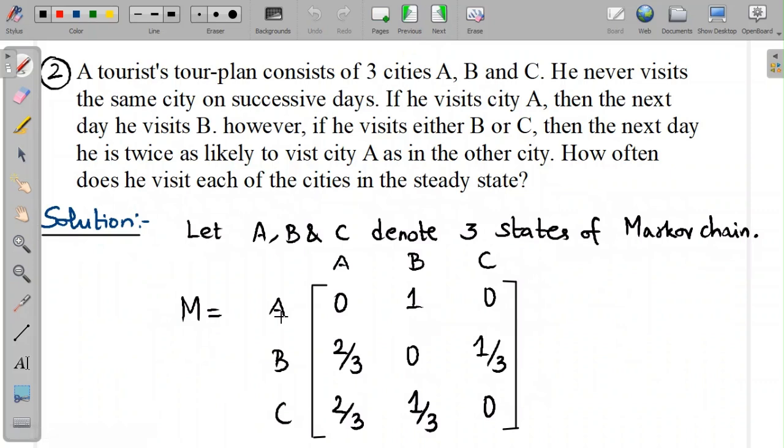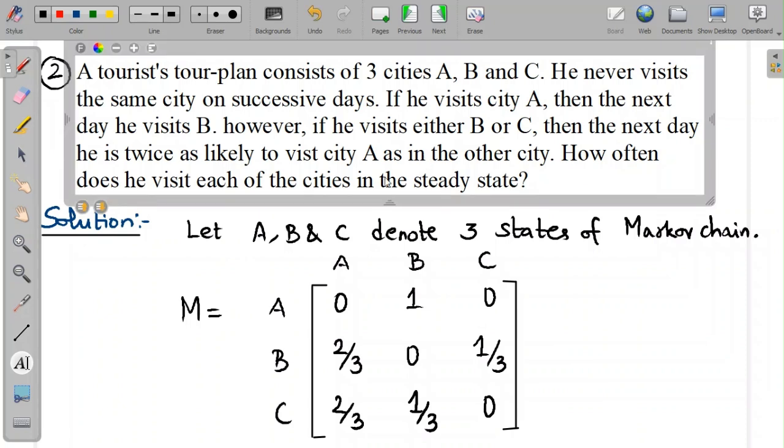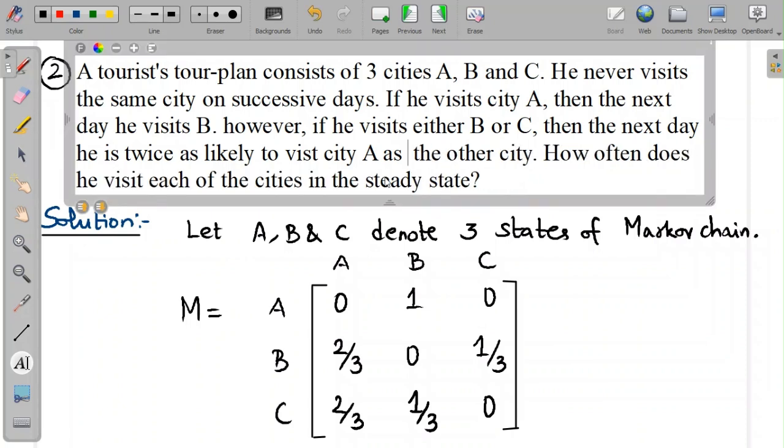If he visits city A, then the next day he visits city B for certain. However, if he visits either B or C on day one, then the next day he's twice as likely to choose city A as the other city. How often does he visit each of the cities in the steady state?